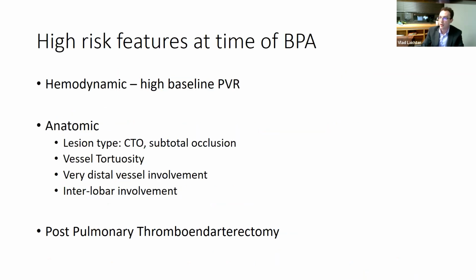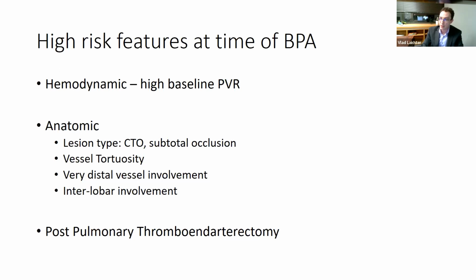So what are some of the higher risk features at the time of BPA to watch out for when selecting patients? Patients who have very high baseline PVRs will have a higher risk of complications if there is a wire perforation, because the patients will be bleeding at a much higher pressure.